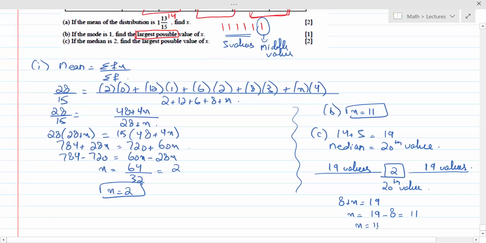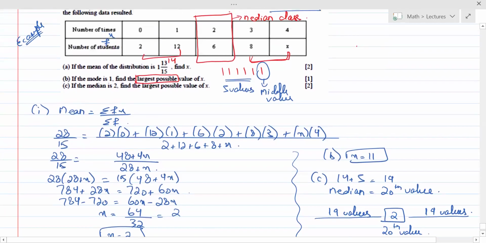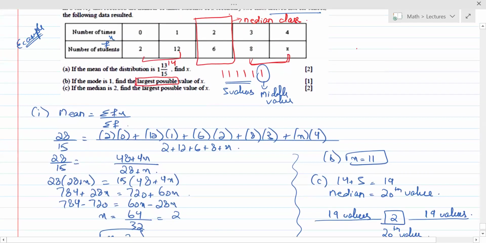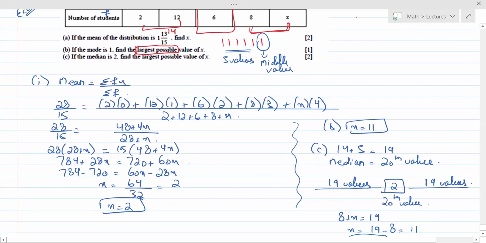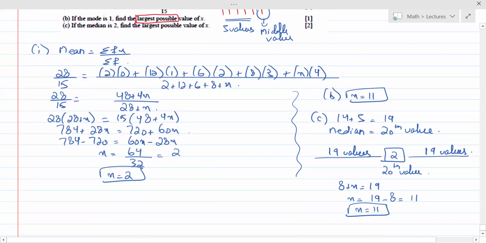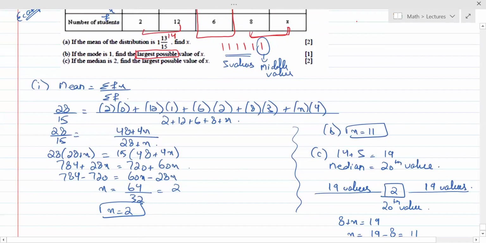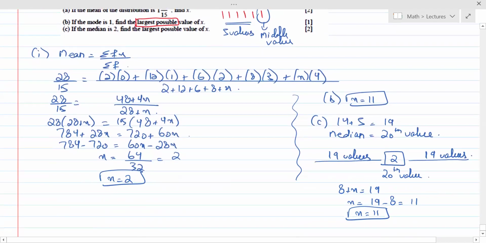So x in this case is 11, because we were supposed to find the greatest possible value. For the greatest possible value, out of these 6 values, we picked the 6th value to be the median. And that helped us in finding x as 11. So this was all about finding mean, median, and mode when the data is in the frequency table form.